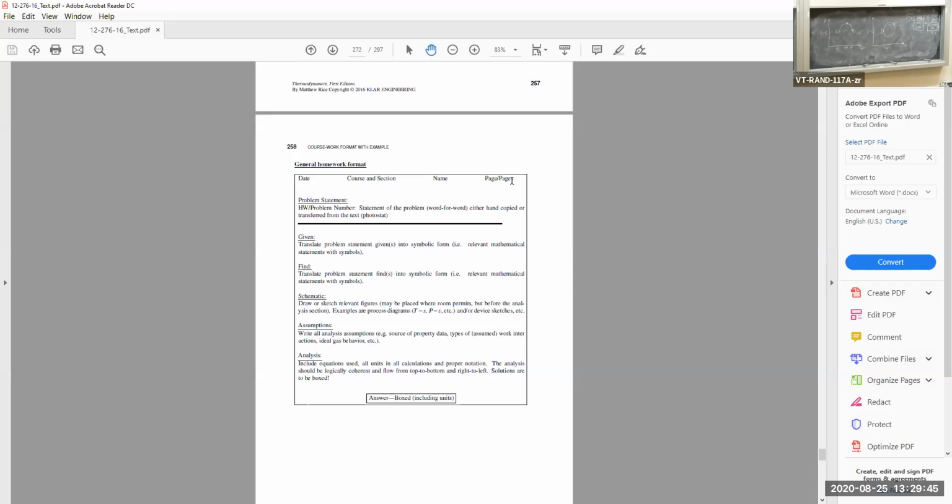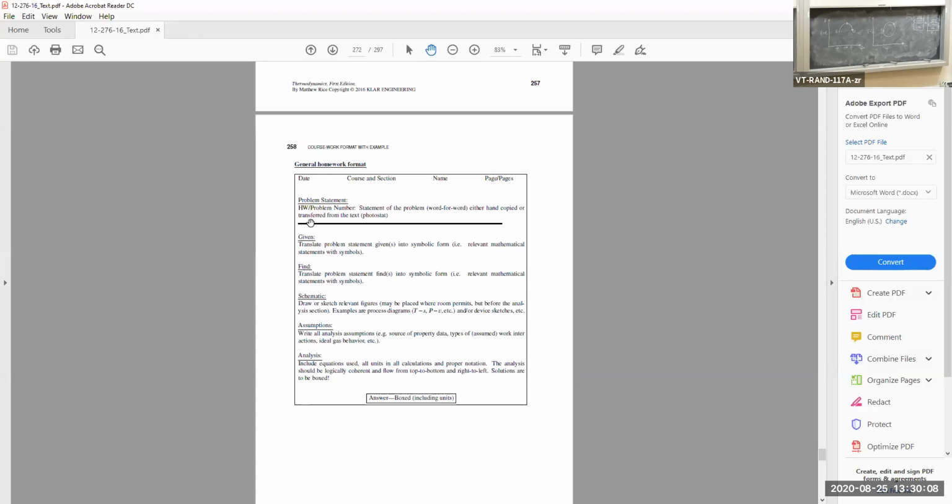Page 1 of 2 or 1 of 5 or whatever it is. The max pages could be for the entire homework or for each individual problem. It's up to you. And then you have the problem statement. You need to write down word for word what the problem statement is, so we know what the problem is.